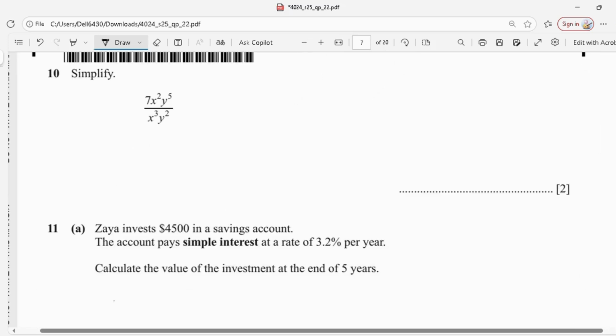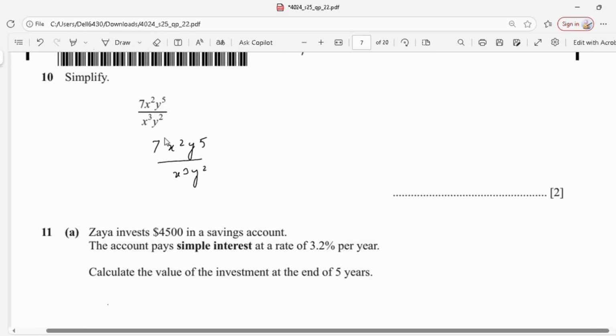Question number 10, simplify. So we are just simplifying 7x squared y to the power 5 divided by x cubed y squared.